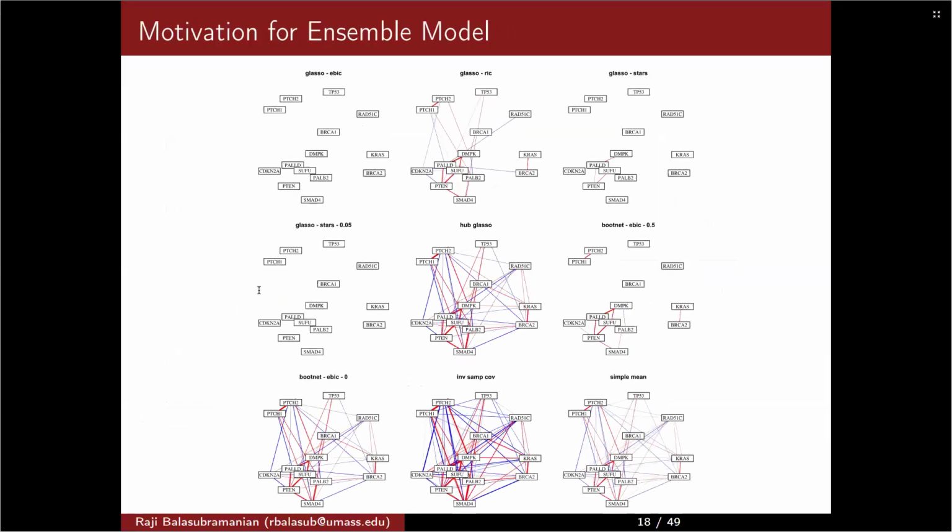And here's an example of some real results from an example data set, where each of these are different ways of estimating the same matrix theta, the precision matrix theta, and the corresponding network from the same data set. So you can see that right off the bat, they look wildly different from each other, right?